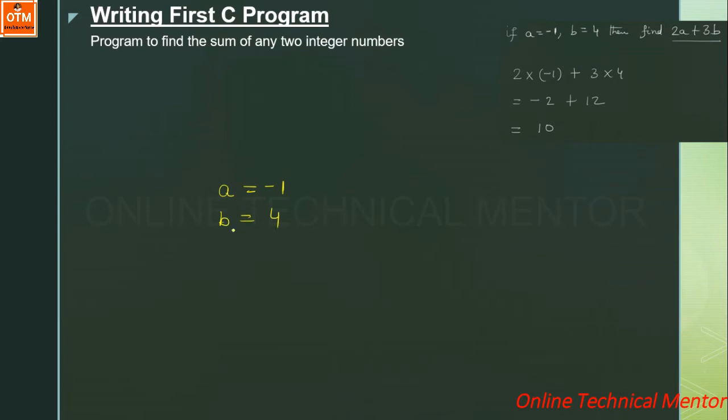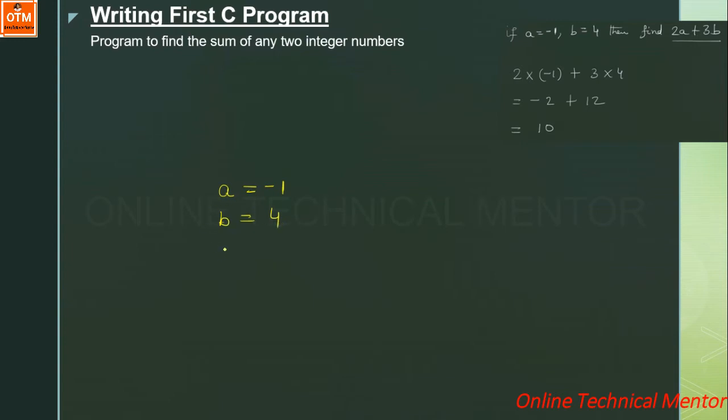You can also think of it this way: these two variables are nothing but a container which contains some value. It may be an integer, it may be a fraction or decimal, or it may be a character. So here I have initialized a with -1 and b with 4. So these two are variables.